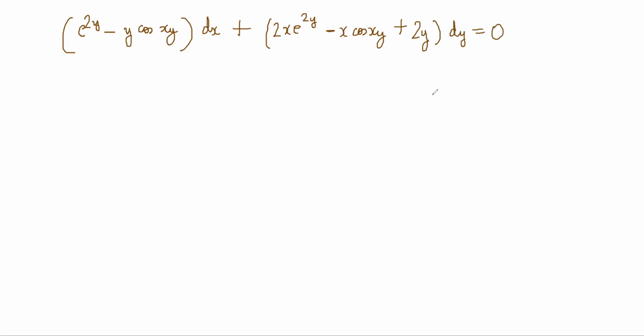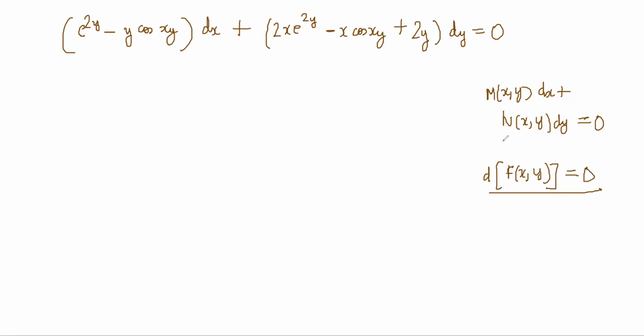Now this looks like M(x,y) dx plus N(x,y) dy is equal to 0. What I want is for M and N to combine together to be the d of some F(x,y) equal to 0. If it was like this, then the answer would have been this.